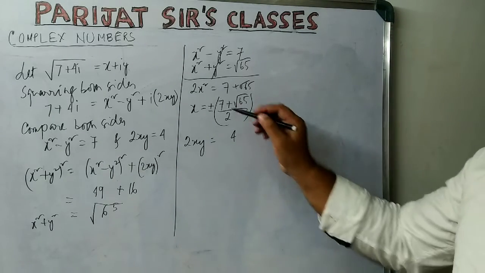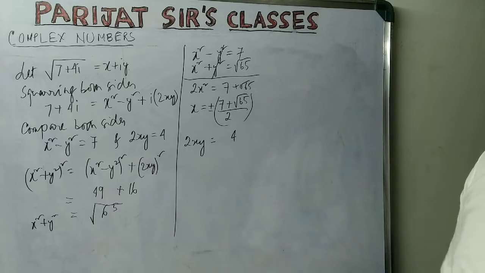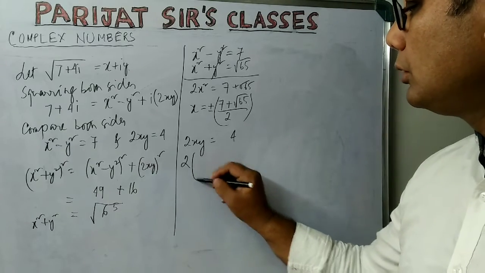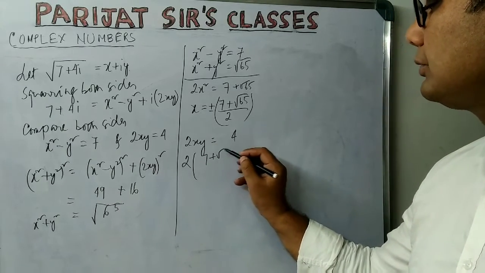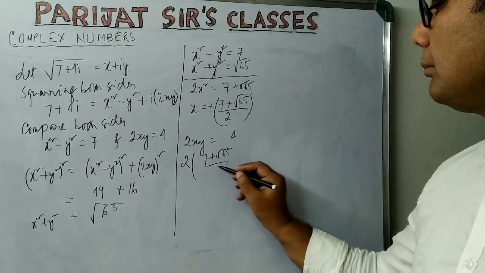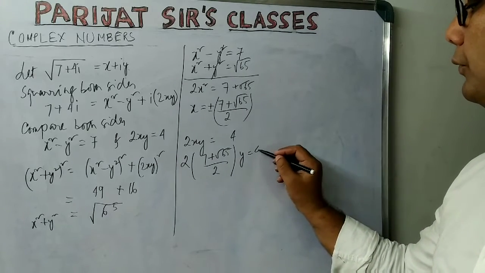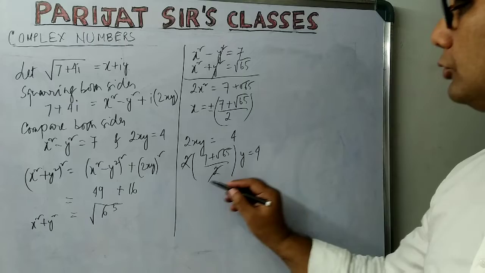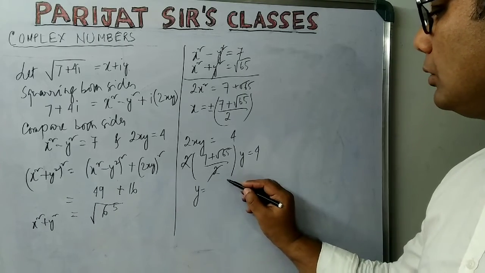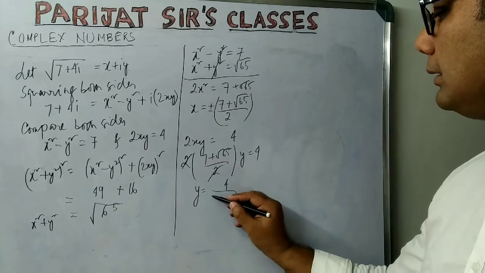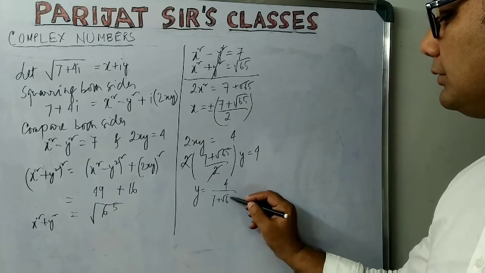So let us first put plus. So 2 times the root of 7 plus root 65 by 2, y equal to 4. So y is coming out to be 4 by 7 plus root 65.